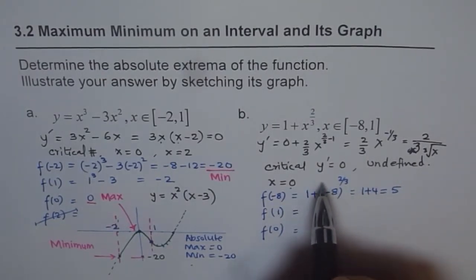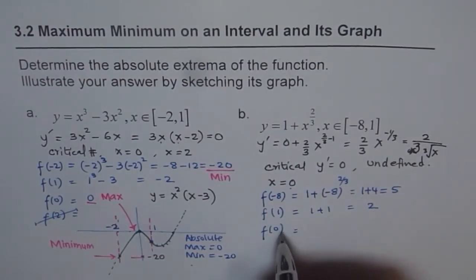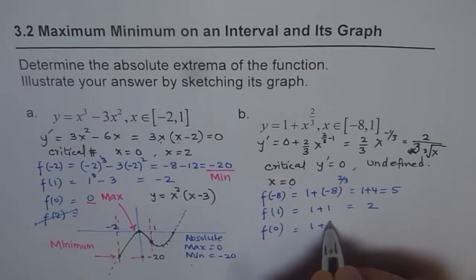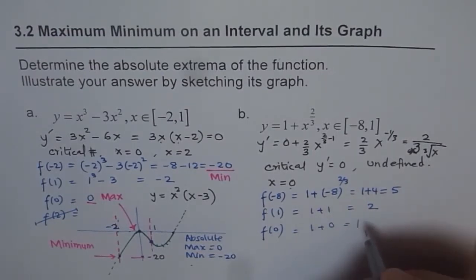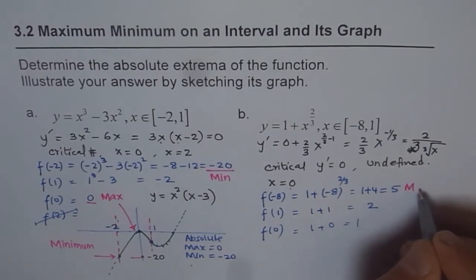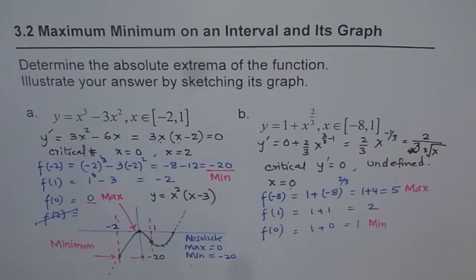If I write 1 in the expression, I get 1 plus 1, which is 2. And for 0, I get 1 plus 0, which is 1. And clearly from here, we do have absolute maximum value of 5 and minimum value of 1, correct? So that is how you can find maximum and minimum value for this particular function.